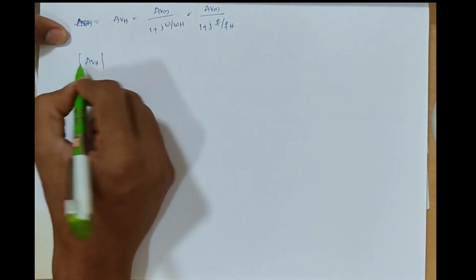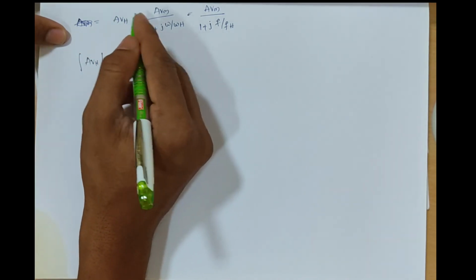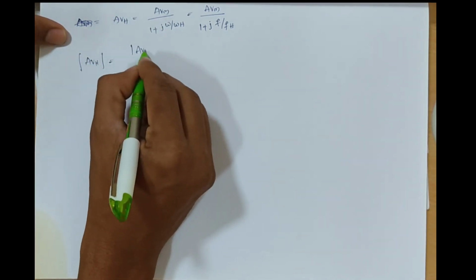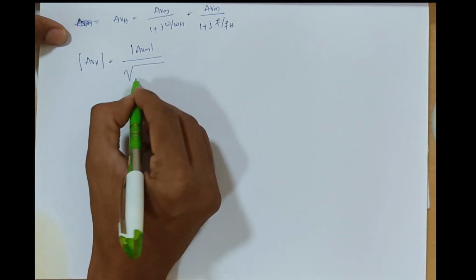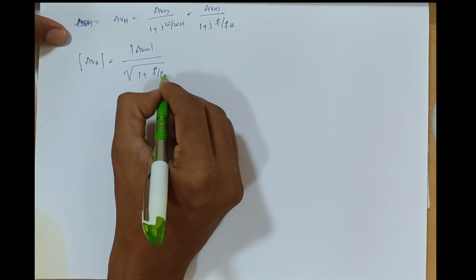So the magnitude of the voltage gain at high frequency equals mod of AVM by under root of 1 plus F by FH whole square.